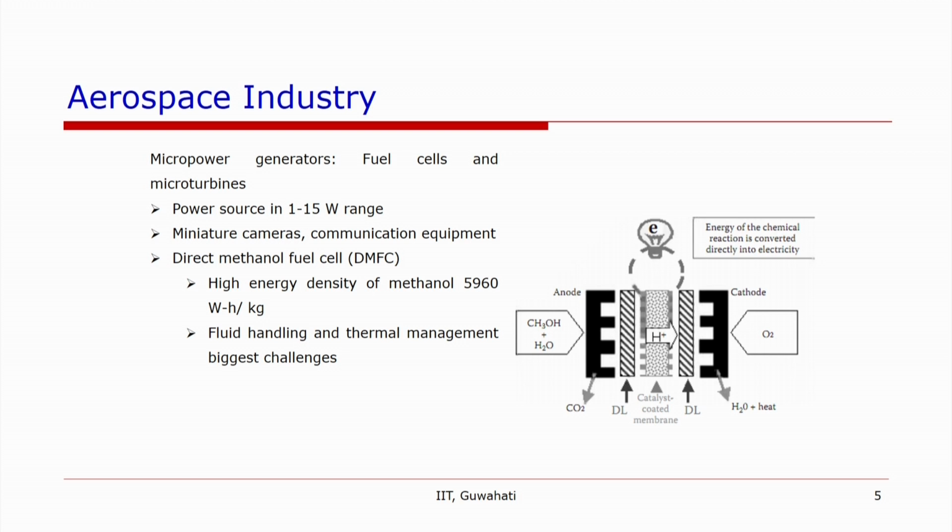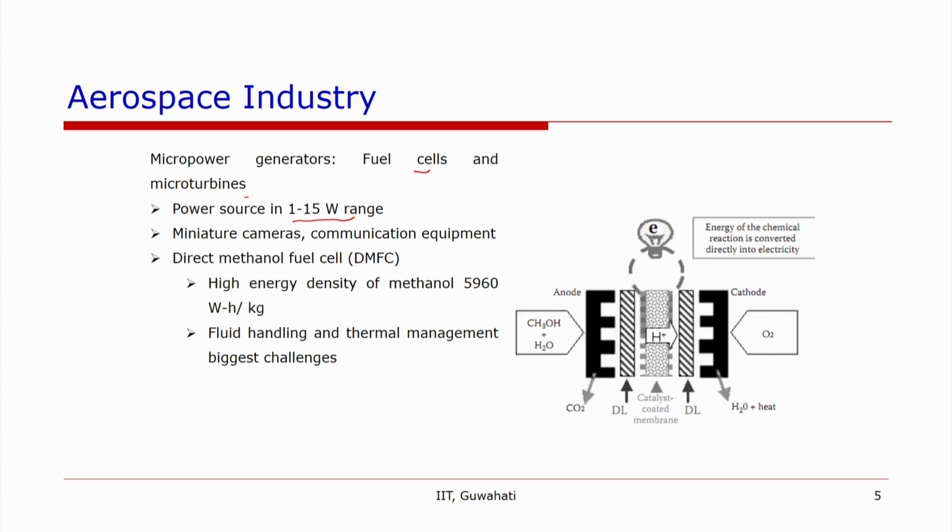Another application in the aerospace industry is in micro power generators, for example fuel cells and micro turbines. These generators are expected to provide power in the range of 1 to 15 watt, and this power might be required for miniature cameras or mobile applications and other applications where power is required.